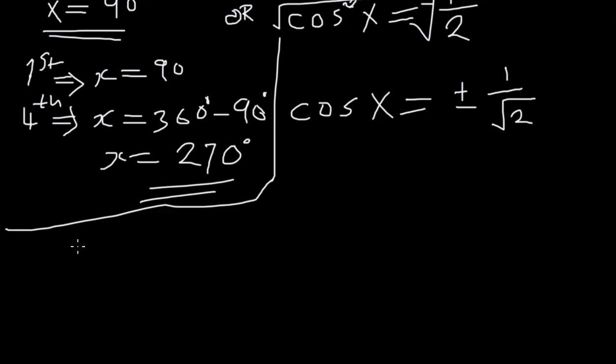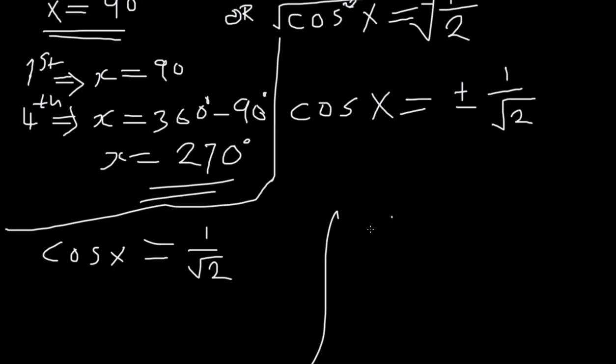You say you have one of your cos x being positive, 1 over root 2, and then the other one will be negative: cos x is equal to negative 1 over the root of 2.